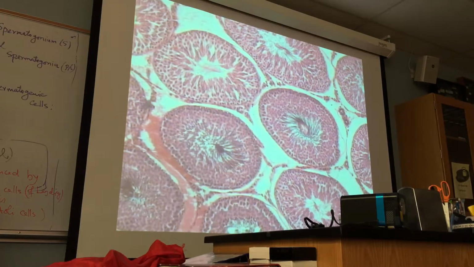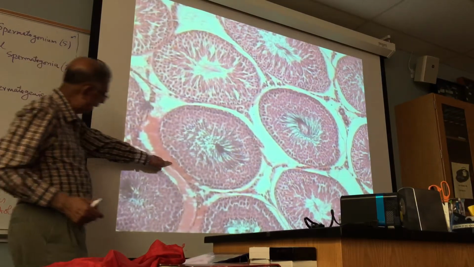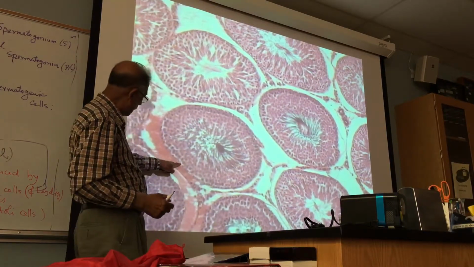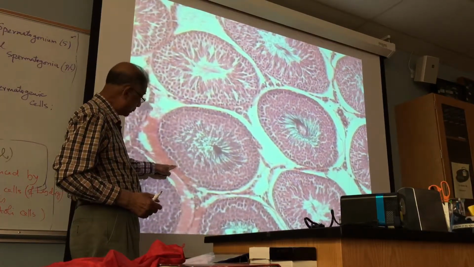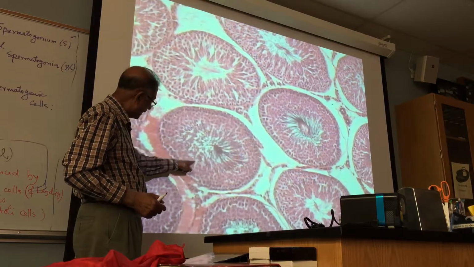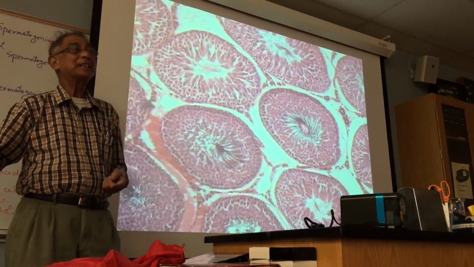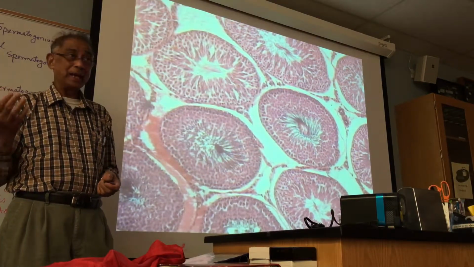But you don't have to differentiate. If this cell is indicated, spermatogonia, plural, spermatogonium, any of these cells here, you can say spermatogenic cell. Okay?